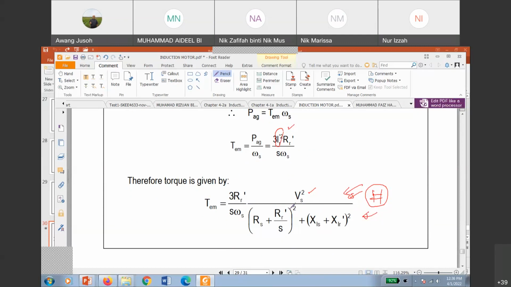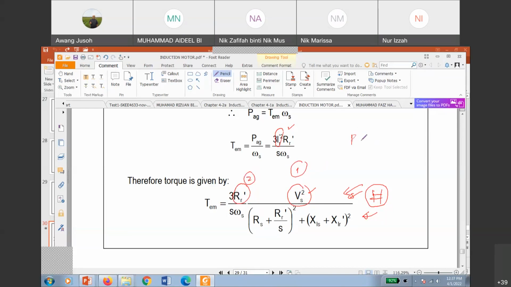We know that the torque speed profile can be changed by changing the supply voltage. So if we change the supply voltage, we can change the torque speed profile. That is one method. The second method, we can change the rotor resistance, R prime equal to R2.